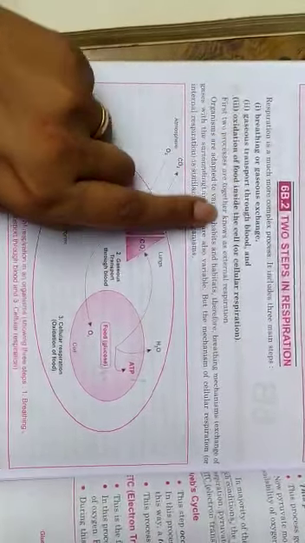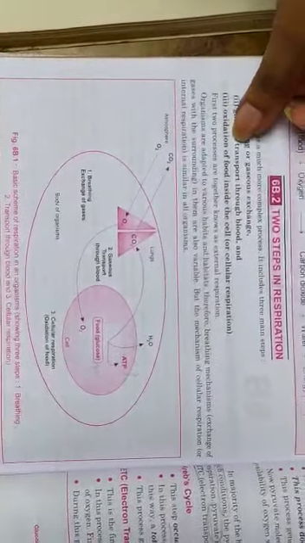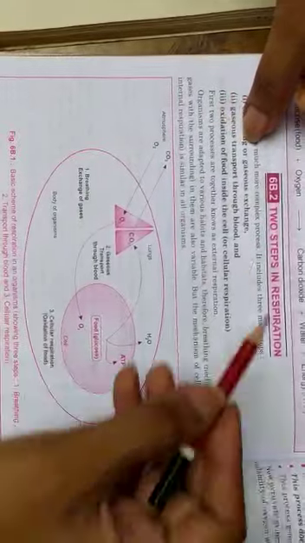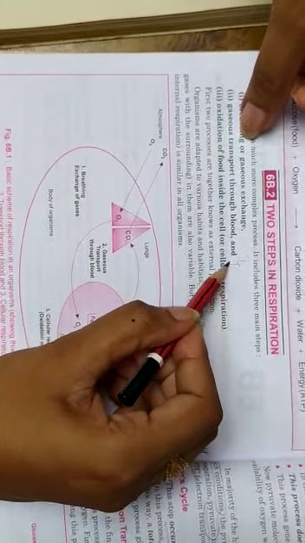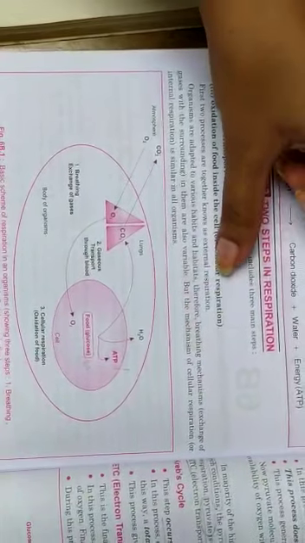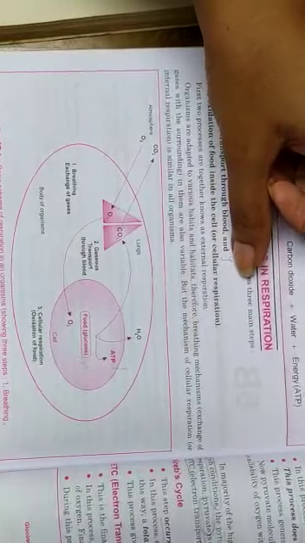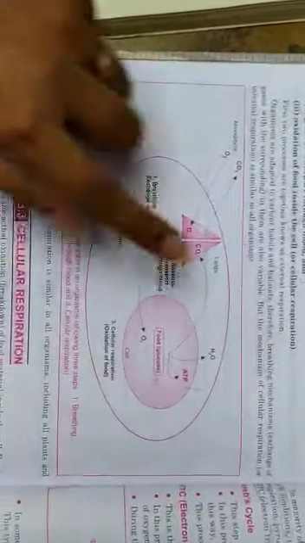This process is also called cellular respiration because this process is actually done in the cell, and these two processes occur outside the cell. So we can say that this is cellular respiration and these two are found outside the cell. So this is the external respiration, this is your cellular respiration.